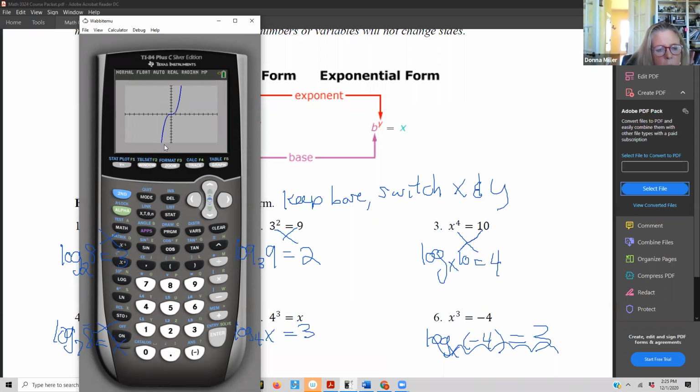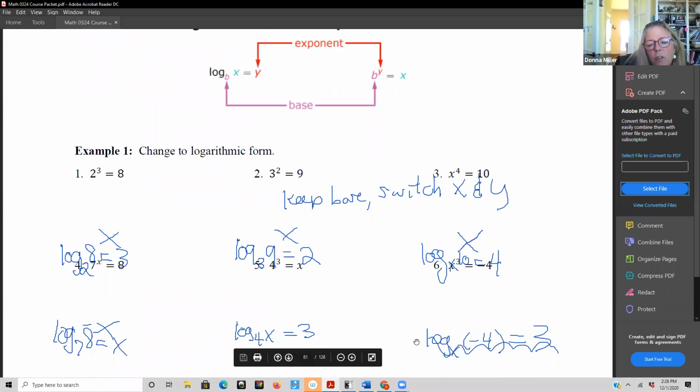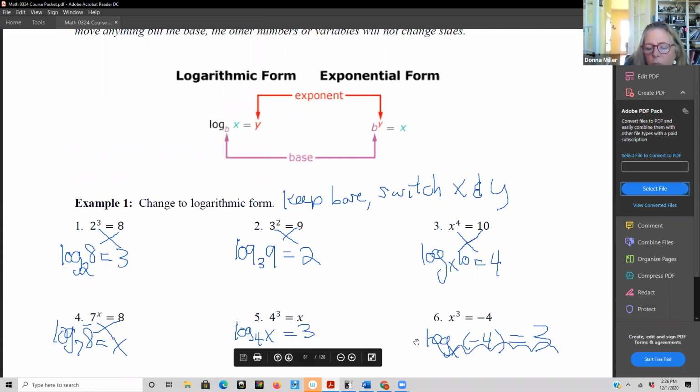The two curves cross right here, and I can find that solution with second calc, intersect. So there is an answer to that, negative 1.58. It's just that logs aren't going to do it there because you can't take the log of a negative number. So logs aren't perfect.